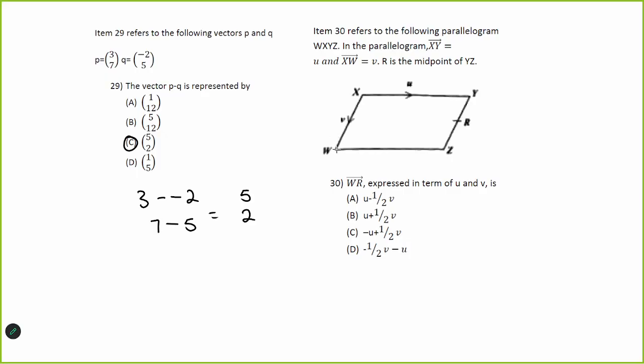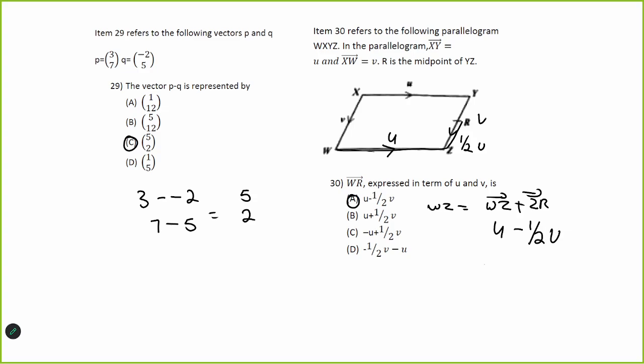So we want to go from W to R. So it's W to Z and Z to R. That's W to Z plus Z to R. Because of the parallelogram, this here is opposite, so this is U. And this is V, but because it's a half, this would be a half V. But that is only R to Z. We want Z to R, which is the opposite direction. So this will be U minus a half V, which would be A as the answer.